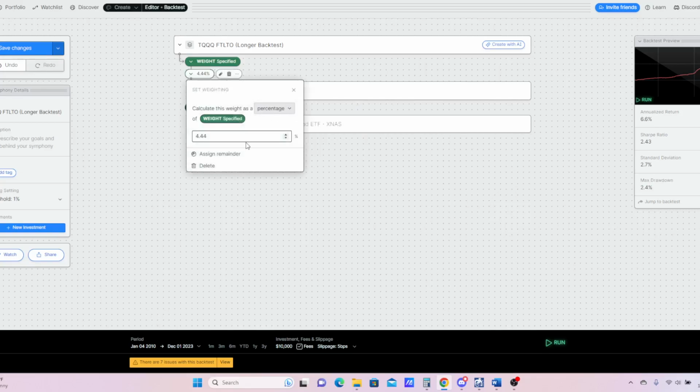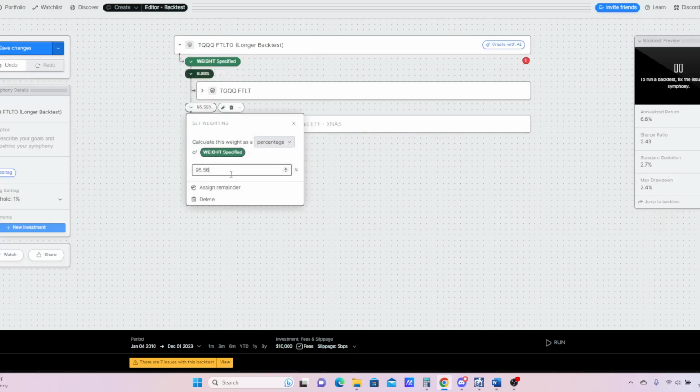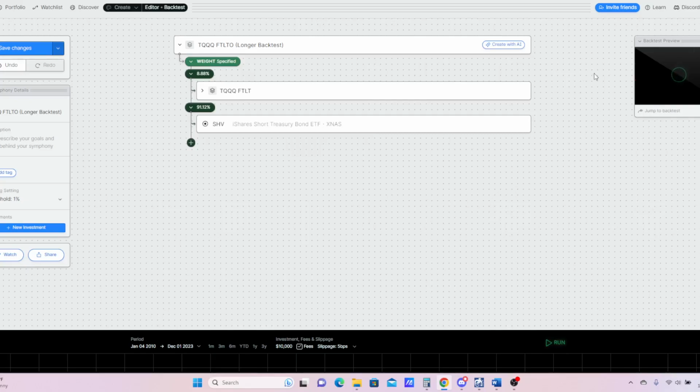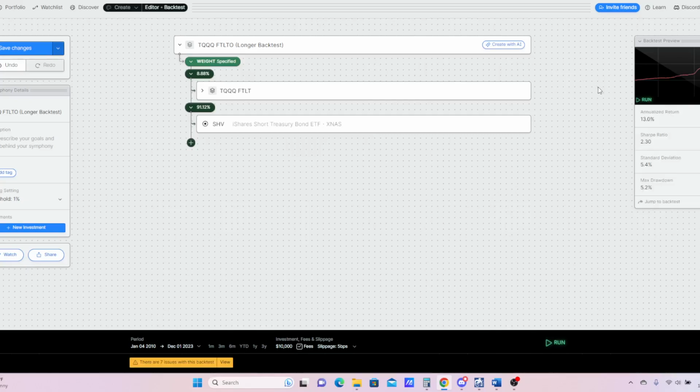Or if you wanted to risk 2%, you would just go 8.88 and then the rest in cash or other symphonies or whatever. So this is a good way to give you a bird's eye view of how much risk you could take on your account.